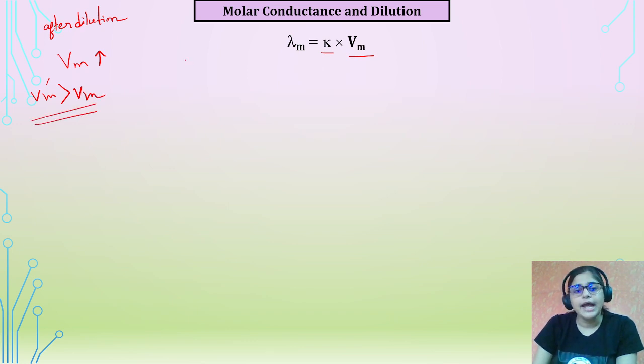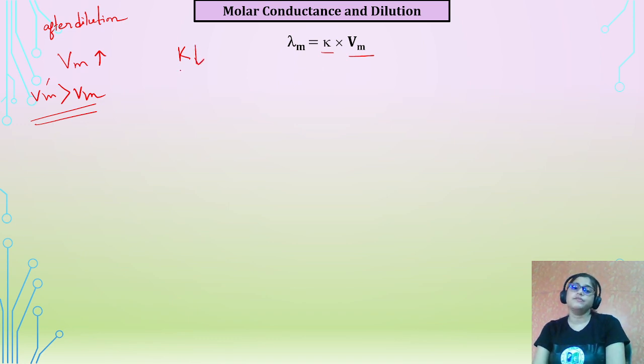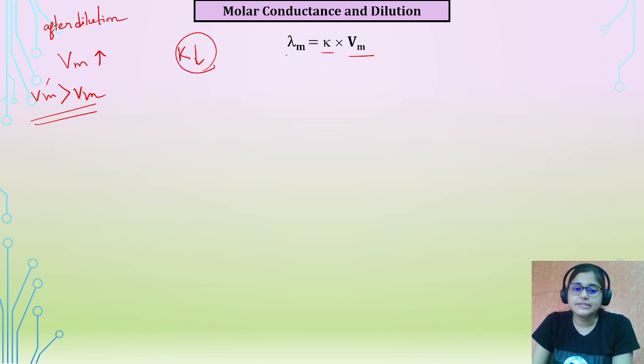Fine. And what will the kappa value be after dilution? We just talked about this: the kappa value will decrease when we dilute the solution, because the number of ions in 1 liter of solution decreases. That's why kappa value decreases. So the molar conductance has two parts, kappa and Vm.